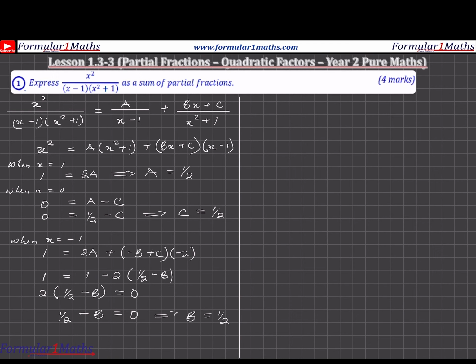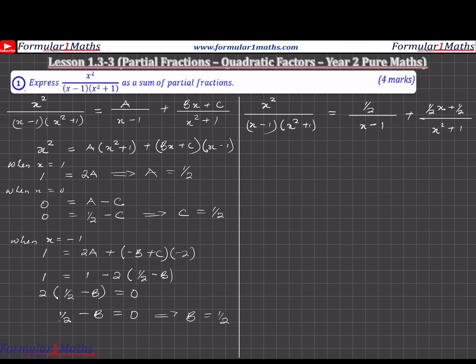So I can write up my fraction as partial fractions as follows. So x squared all over x minus 1 times x squared plus 1 will be equal to half for a over x minus 1 plus half for b, x plus half for c all over x squared plus 1.